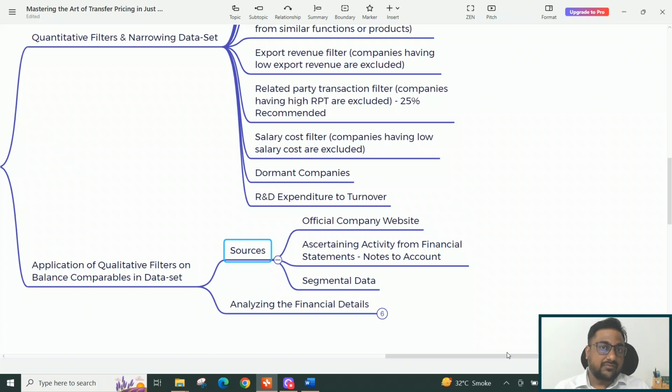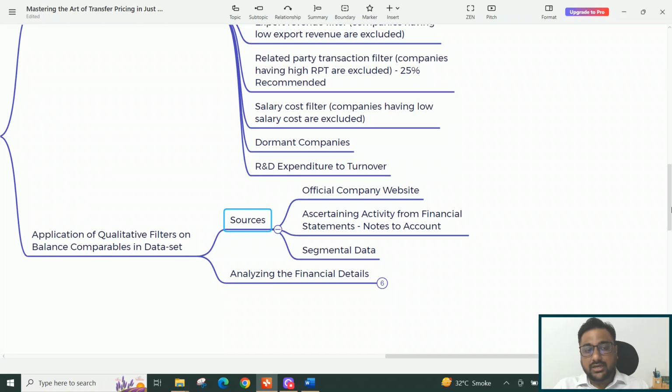So if the company is engaged in two or more types of activities, and the segmentals are available for that particular activity, the same activity which your tested party is undertaking, then you should go ahead with the segmental data rather than getting into the entire profit and loss account. So these are the sources from which you can ascertain what the company is exactly doing.